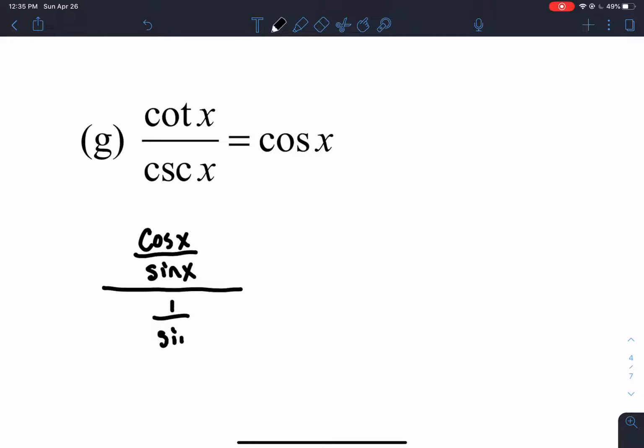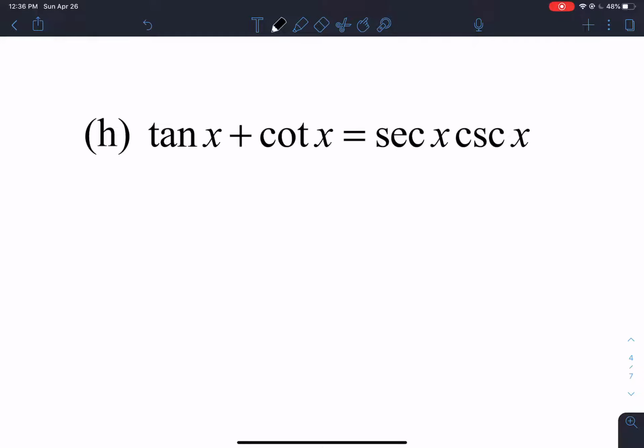All right, for h. So like I said, the side that has addition or subtraction is probably the side that you want to use, just because you have more steps to do, and you could simplify a lot easier. So let's do sine over cosine plus cosine over sine. Okay, now how do I get these two fractions to make it one term, right? I'm going to need to multiply by a common denominator.